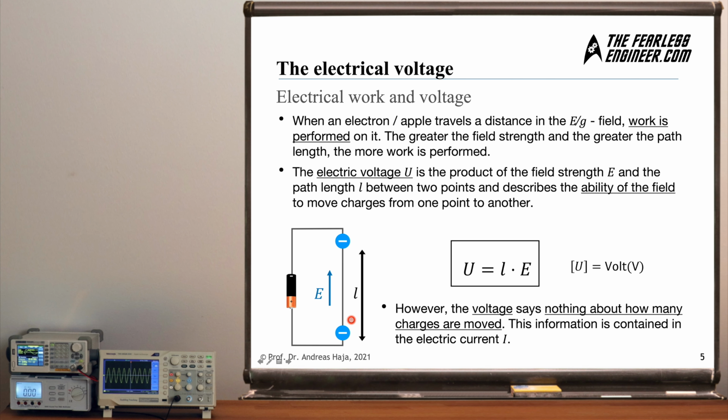This analogy between these two fields is something which we elaborate on in more depth in the next video, which derives the concept of electric voltage from a number of base equations, and which also relates the energy in the gravitational field of the Earth and the energy in the electric field of a power source to each other, and shows how we can arrive at this final definition of electric voltage based on the loss of energy. So if you are interested in knowing a bit more, watch the upcoming video on this formal derivation of the voltage.